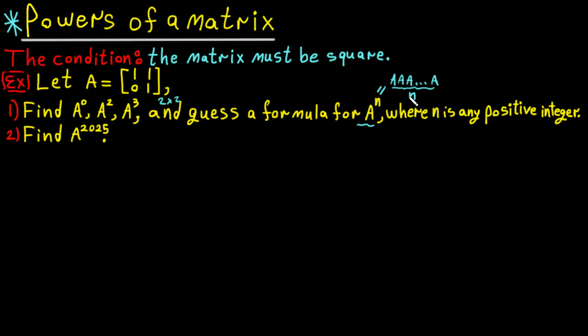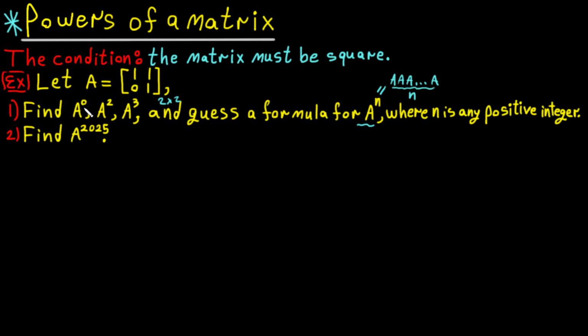The power n of a matrix for non-negative integer is defined as the matrix product of n copies of A. And you can see here A^0. What is A^0? A matrix to the 0th power is defined to be the identity matrix of the same size.